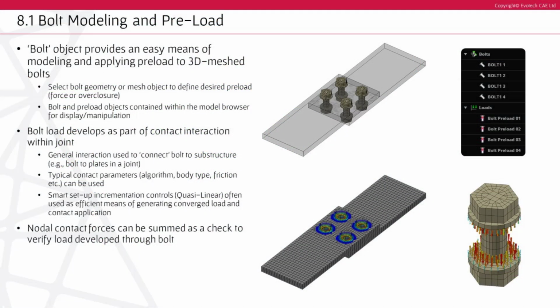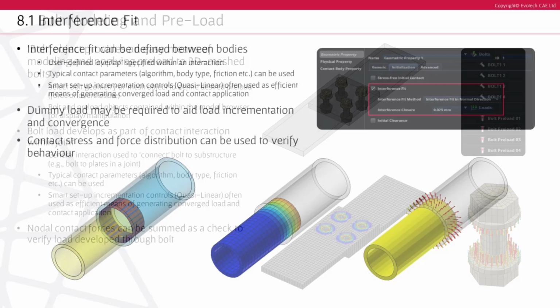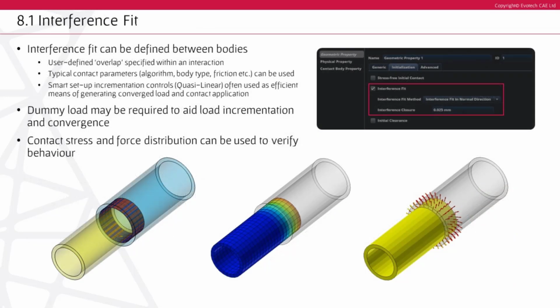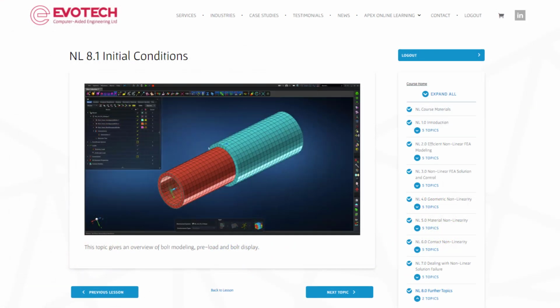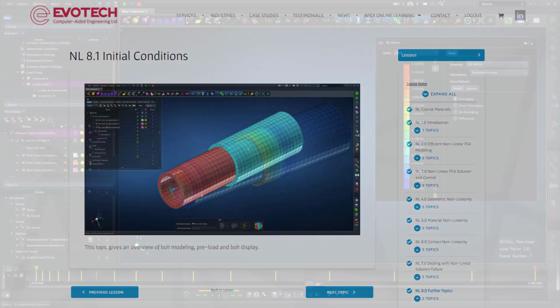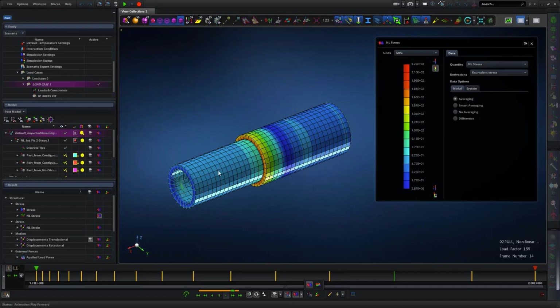Apex uses dedicated functions to simplify both the modelling and analysis of these aspects as initial conditions before the main structural loads are applied. Initial conditions can be used to stabilise part behaviour, often using clamping forces and friction before applying additional load. You'll learn the key techniques to ensure robust analysis output.